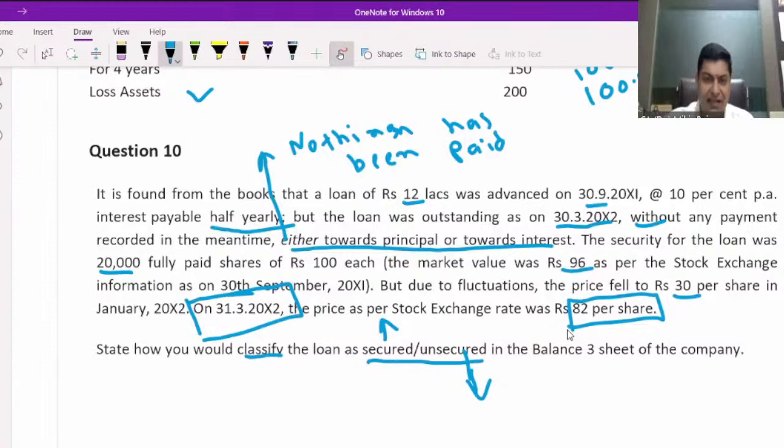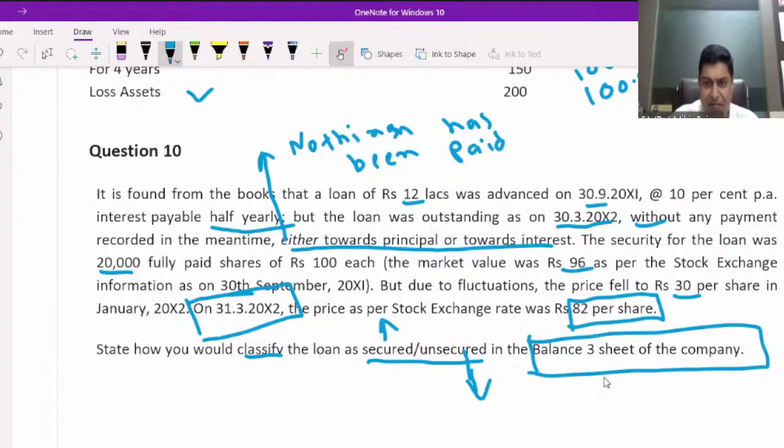And naturally, we need to finalize the classification as of the balance sheet date, that is 31st March 22. Right, guys? This is what the question speaks about.